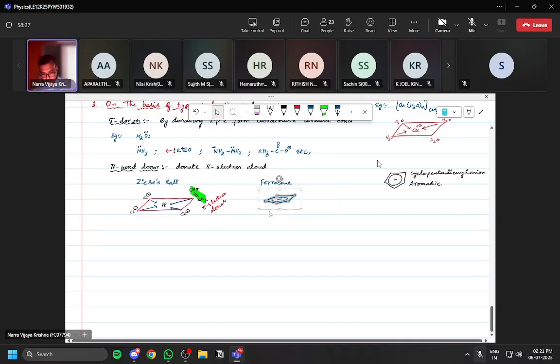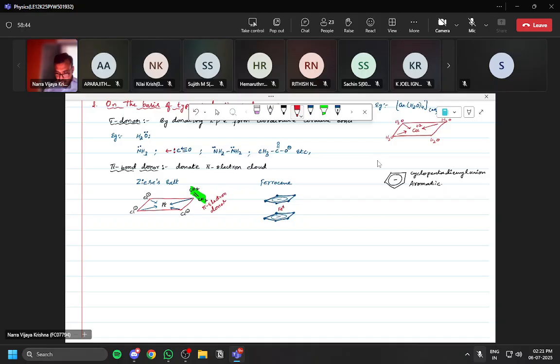Now I am taking 2 molecules of it. Between these 2 molecules, iron plus 2 got sandwiched. This is called ferrocene.